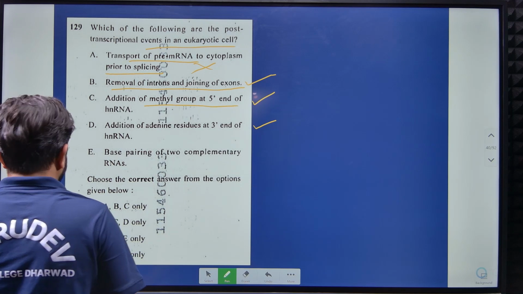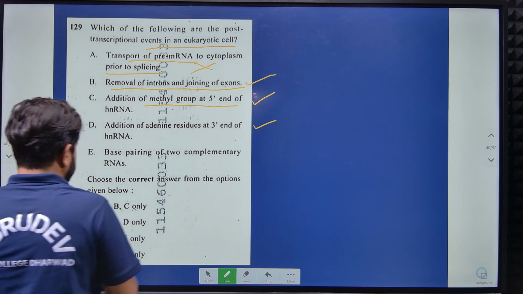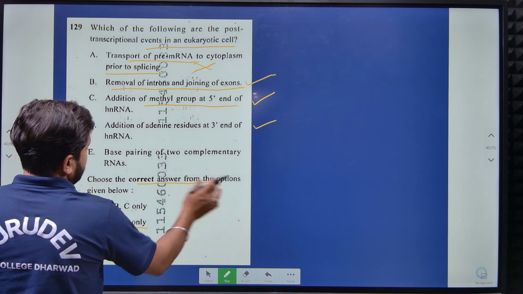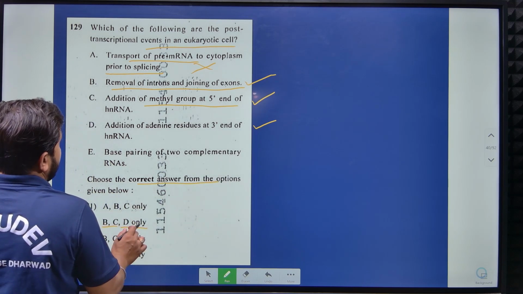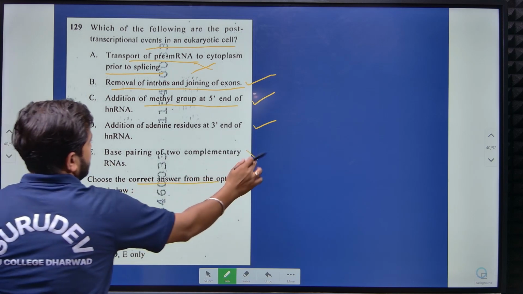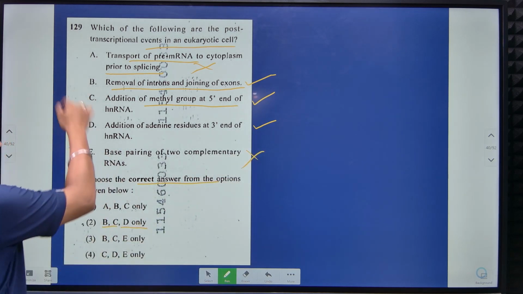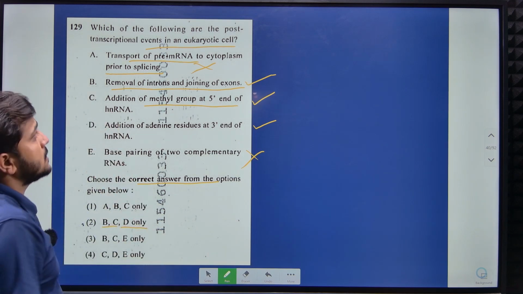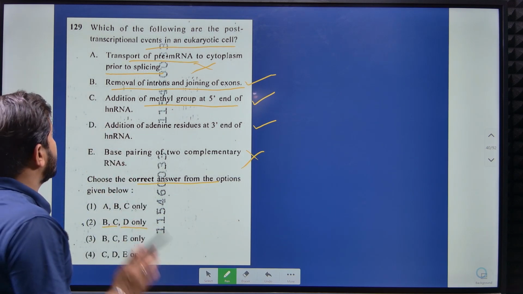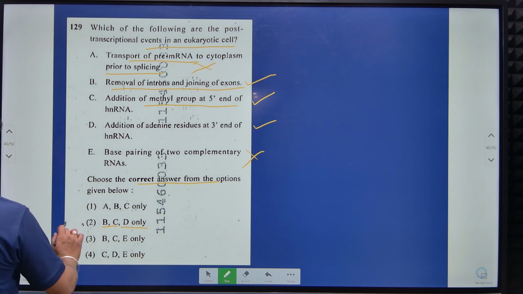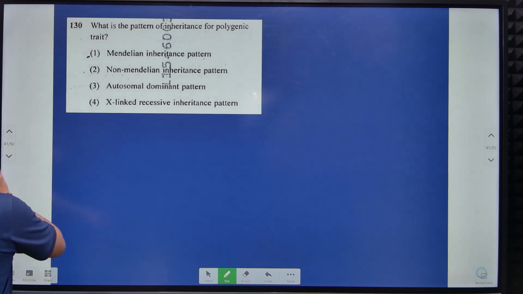So according to that, the correct options are B, C and D. The remaining A and E are incorrect with respect to post-transcriptional events. So option 2 is correct.